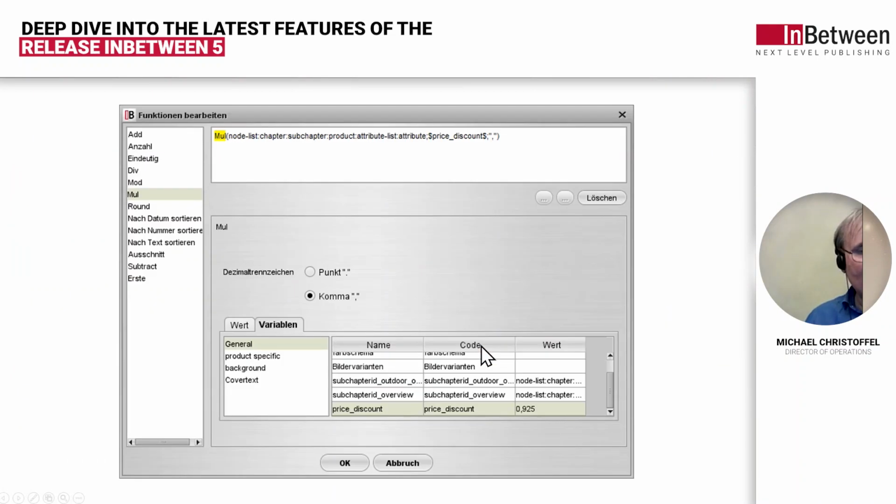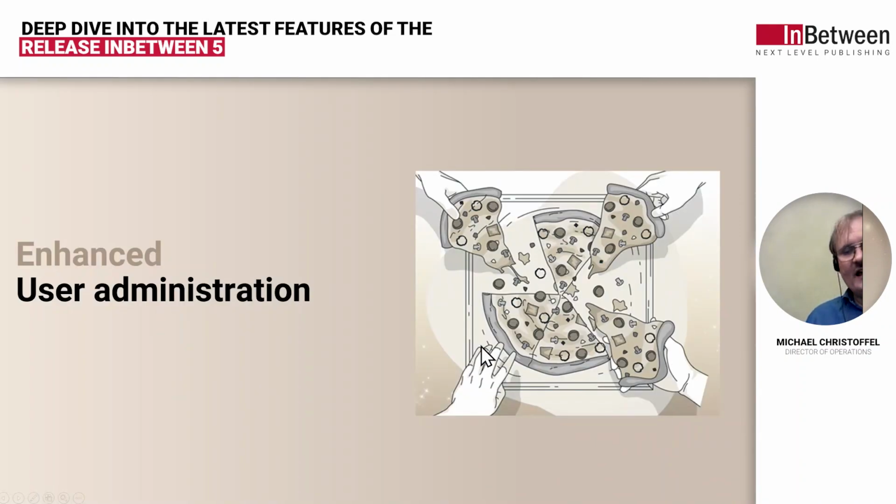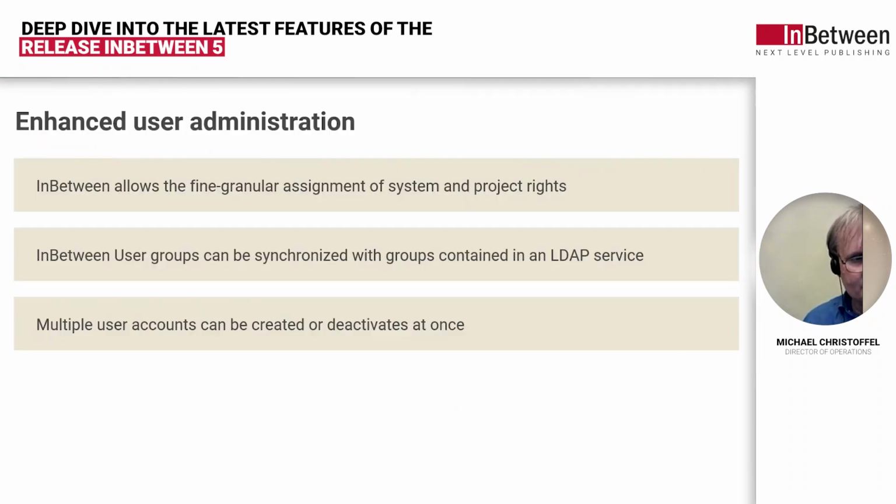Okay. What else is new? There are advances in the user administration. Before this, InBetween was already able to have very fine granular user rights for system rights and project rights.